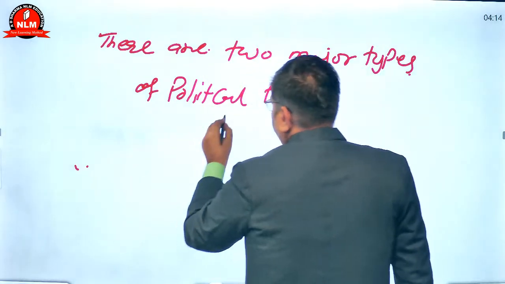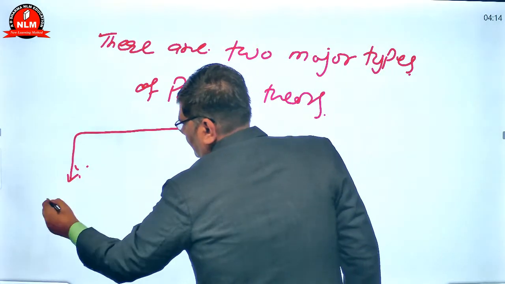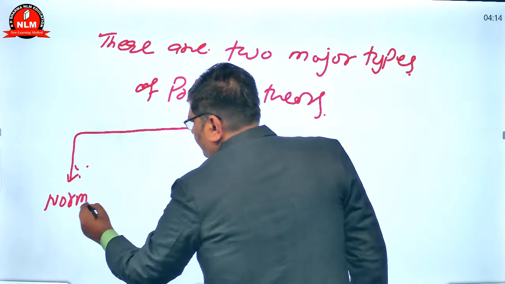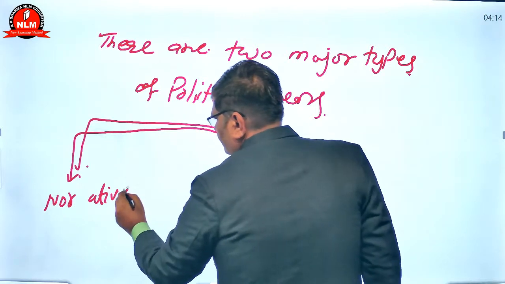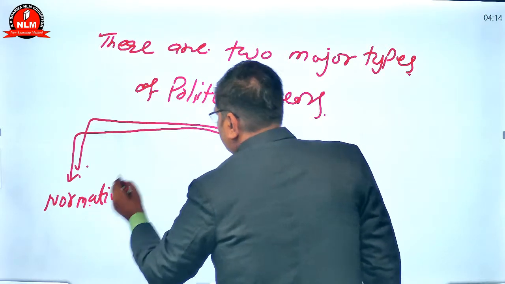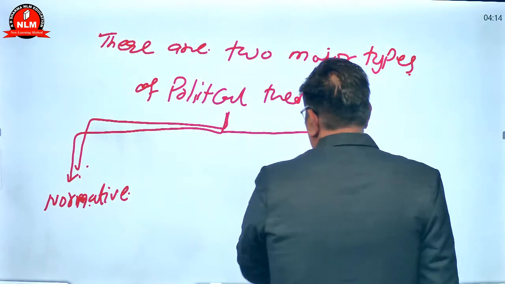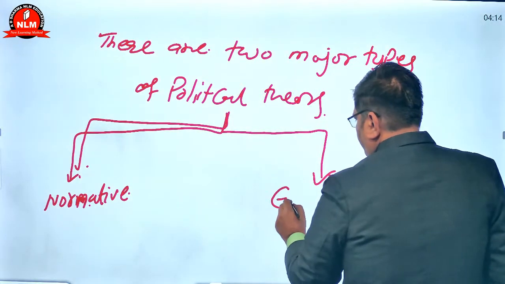First, normative political theory. Second, empirical political theory.